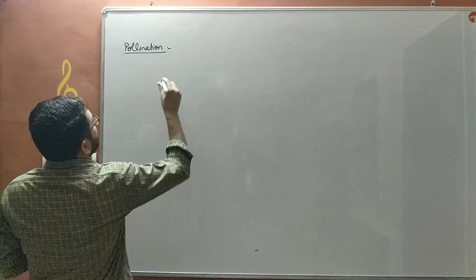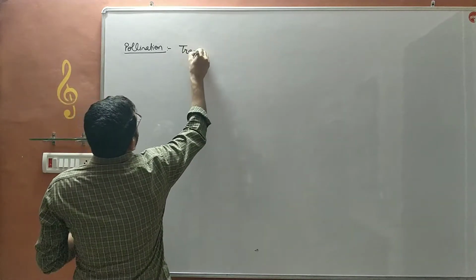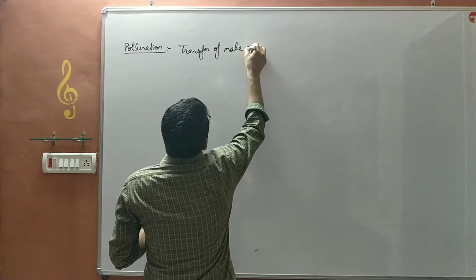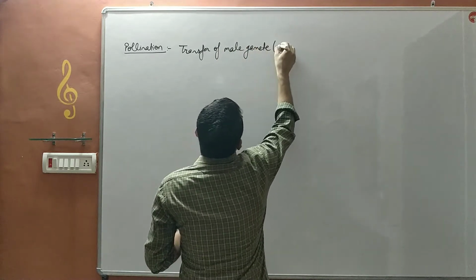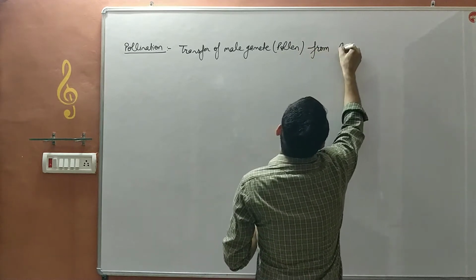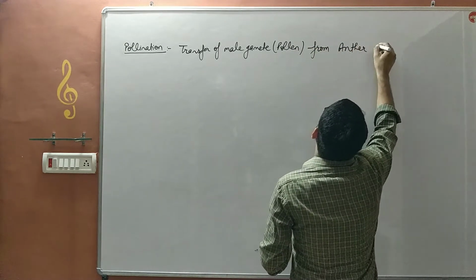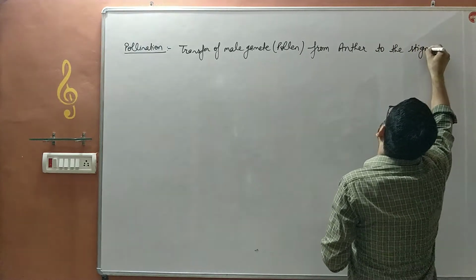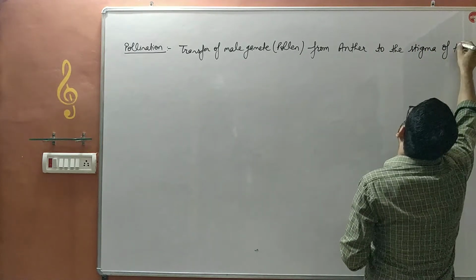What is pollination बच्चे? Transfer of male gamete, that is pollen, from the male reproductive organ that is anther to the female reproductive organ that is stigma of the flower.